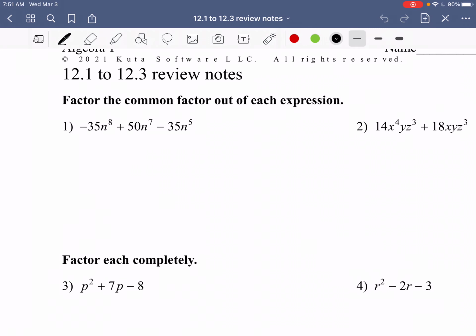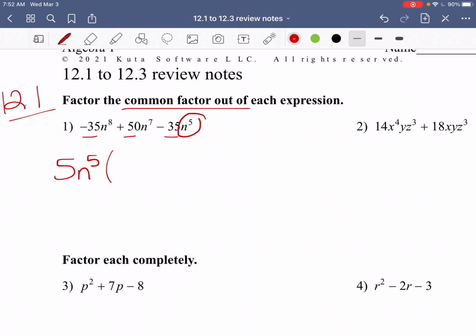So to review 12.1, which is the top section, that was all about greatest common factor. So for number 1, you're looking for what number goes into all three numbers, which is 5. And then the lowest exponent is n^5.